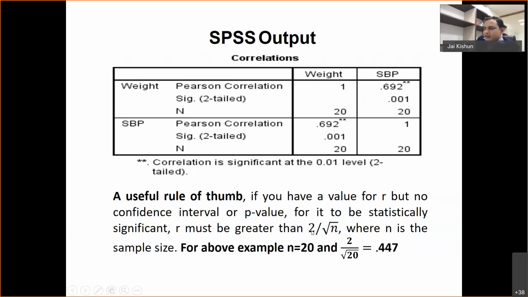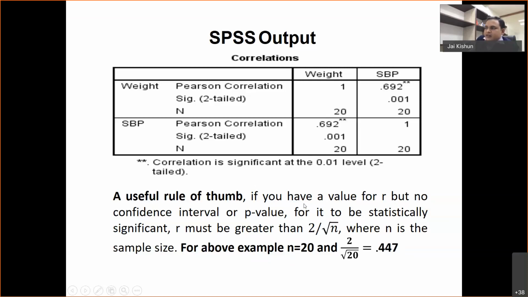If the given R value is greater than this, like here for this example our n is 20, when we estimate 2 by root 20, you will get 0.447. So our given R value is greater than this value.